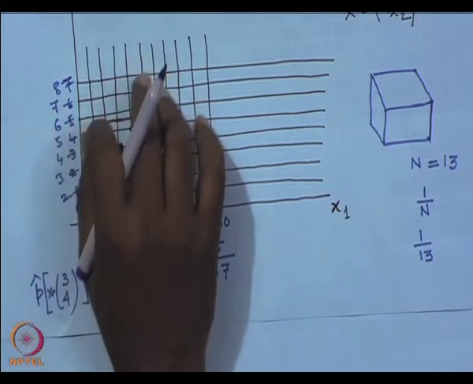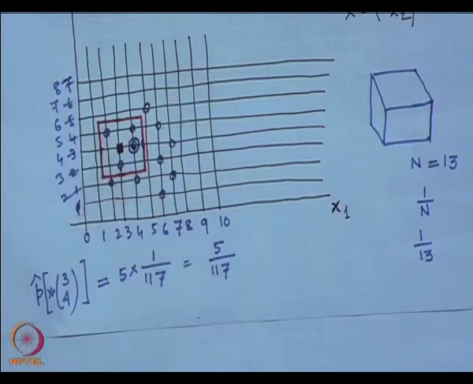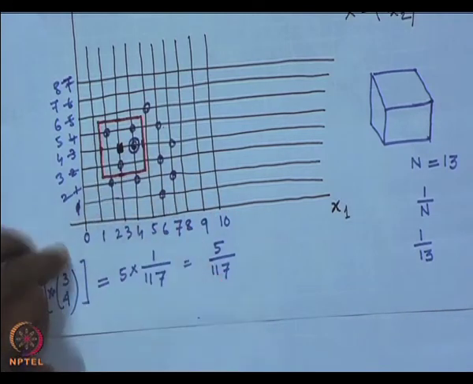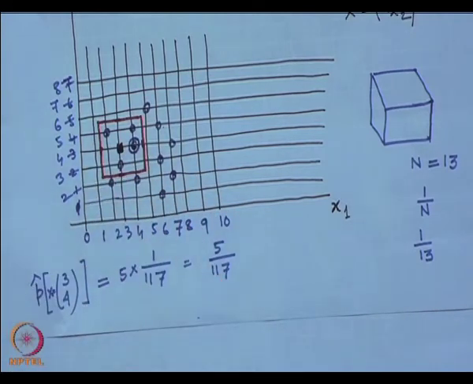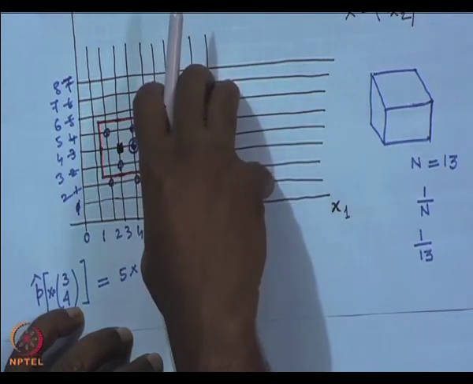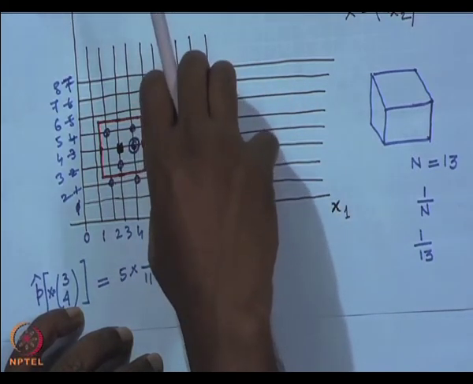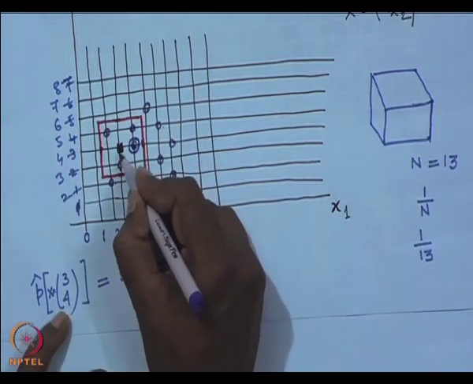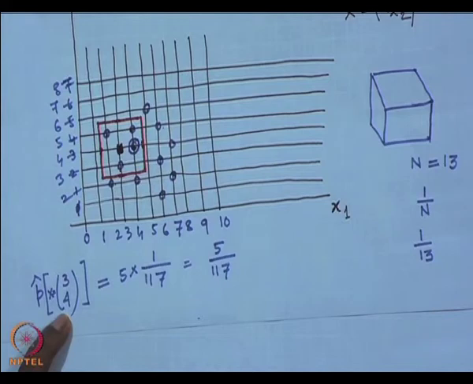Now, obviously, as we have done before, this can be used for classification purposes. Assume these are the samples coming from class omega 1, and I have another set of samples coming from class omega 2, and I want to classify an unknown data point, say at location 3, 4.